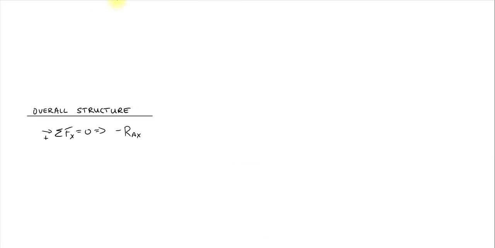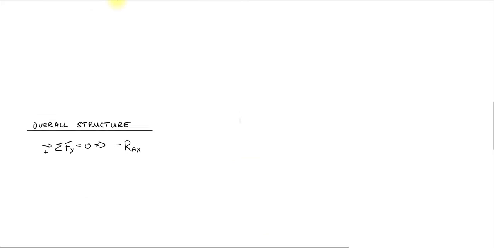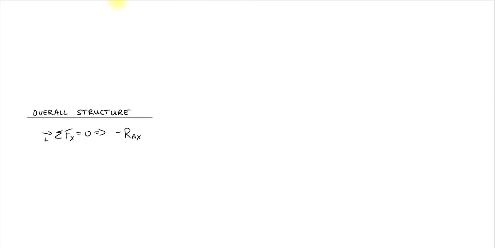So I've got minus RAX, and then I have R sub D, which is 0.167 kips, and that's going to be times, just like we said, the cosine of 30 degrees. And then I've got plus 2.333 kips, which is R sub E, and that's also times the cosine of 30 degrees, and that's going to equal 0.